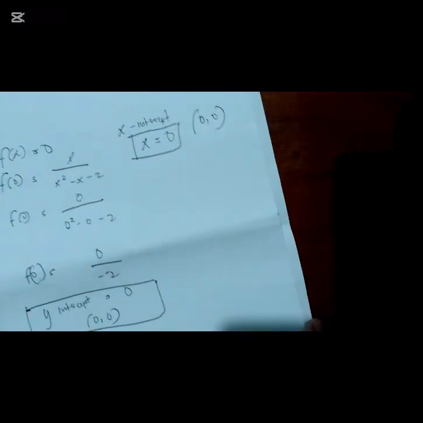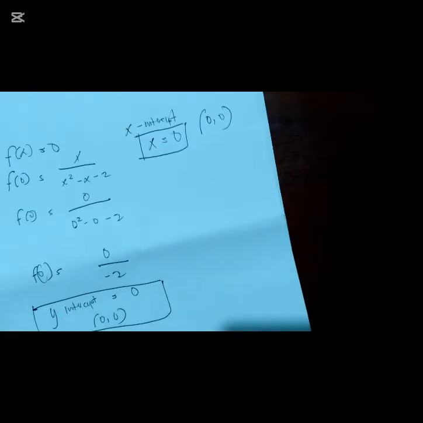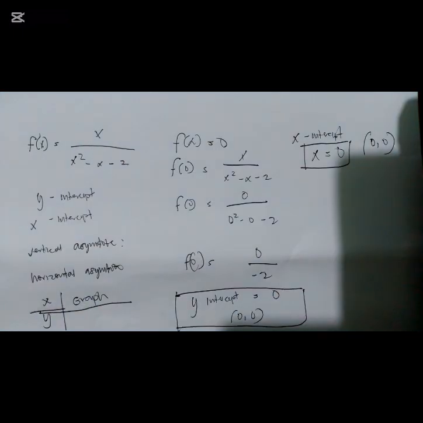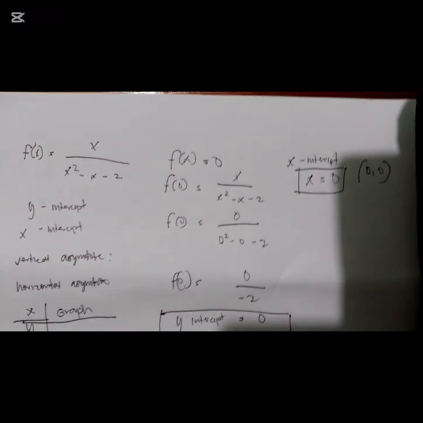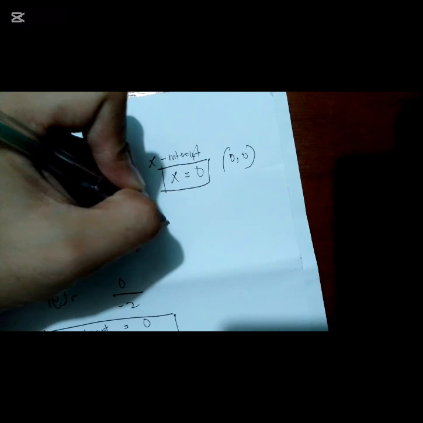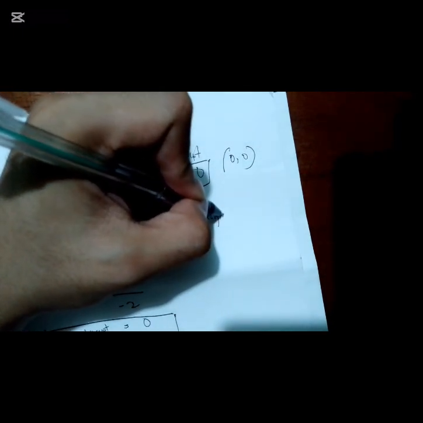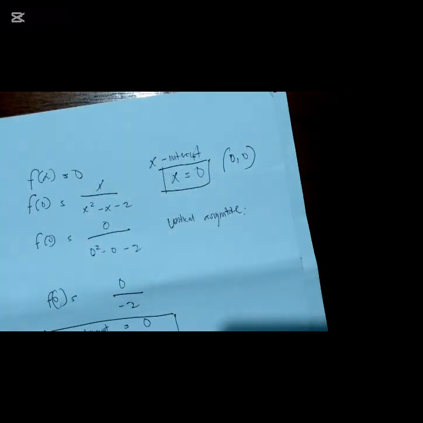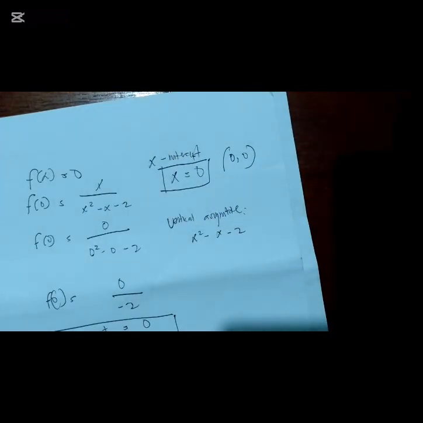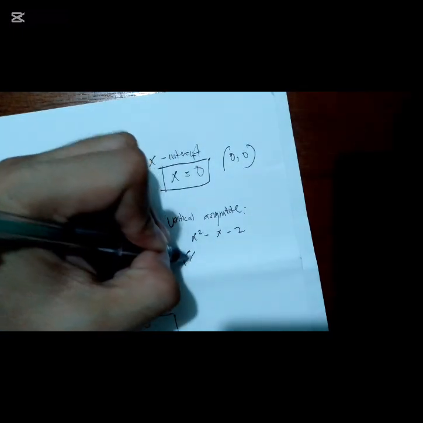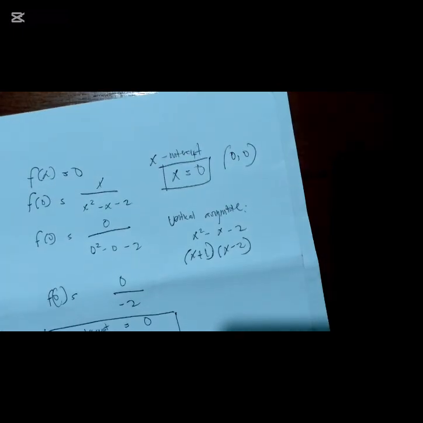Now we have to find the vertical asymptote. The vertical asymptote relies on the denominator. Is our denominator factorable? Yes, it is. x squared minus x minus 2 is factorable as x plus 1 and x minus 2.